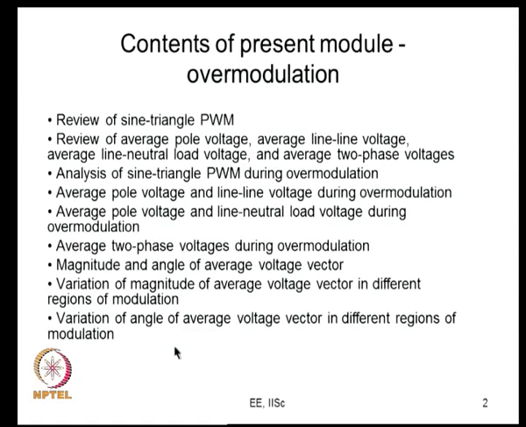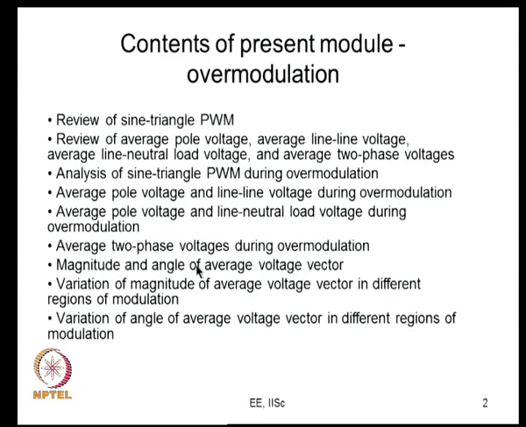Subsequently, when we come closer to 6-step operation, the angle also starts varying significantly. The angle no longer moves linearly with time. The angular velocity is sometimes 0 and sometimes faster than the fundamental angular frequency. So, the angle versus time appears to be a piecewise linear function; that is what we saw.